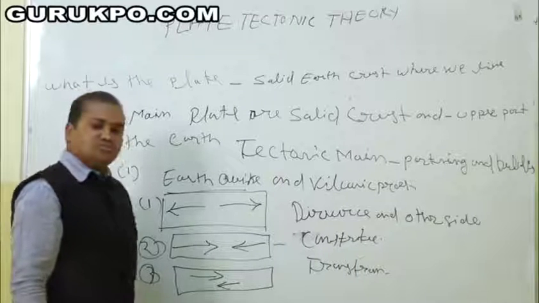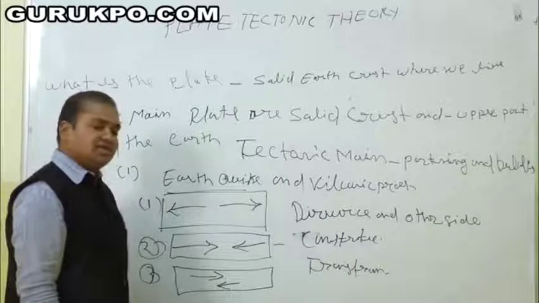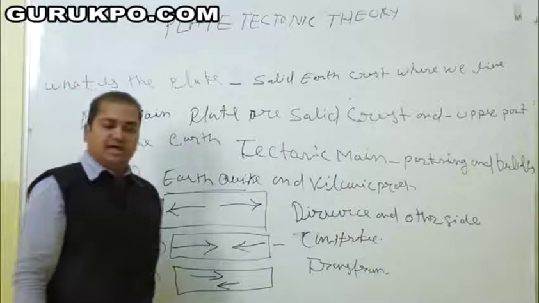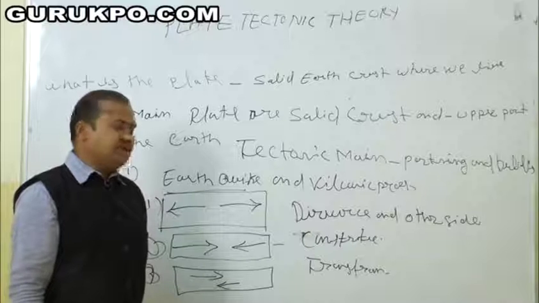Before a longer time, the theory is given by Arthur Holmes, convectional current theory, and second one is Joly, radioactive theory.